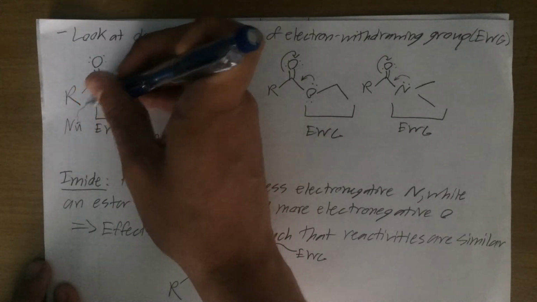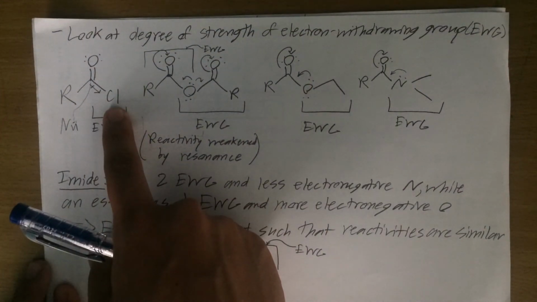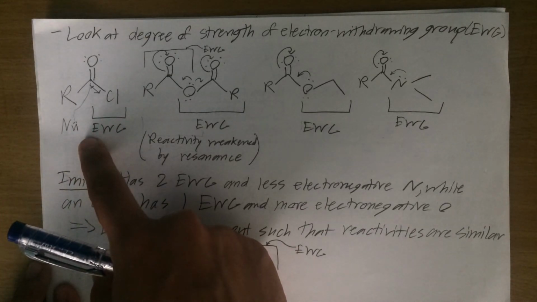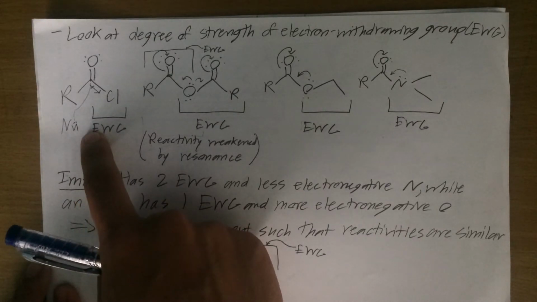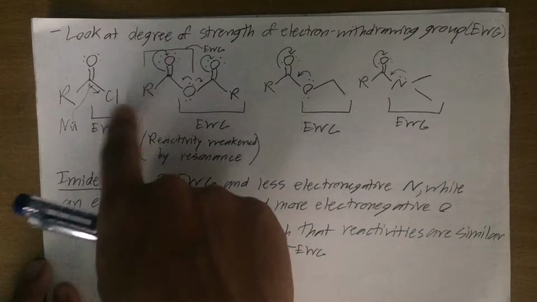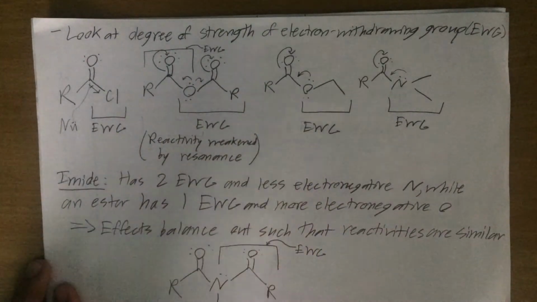So I can easily, boop, just attack, because after all, chlorine helped me. Chlorine helped me take away a lot of the electron density, so my job is easier and the reaction is more likely to occur, okay? So as a result, the reactivity increases in the case of the acid chloride, all right? And the chloride is the electron withdrawing group. This can be seen as the EWG, the electron withdrawing group.